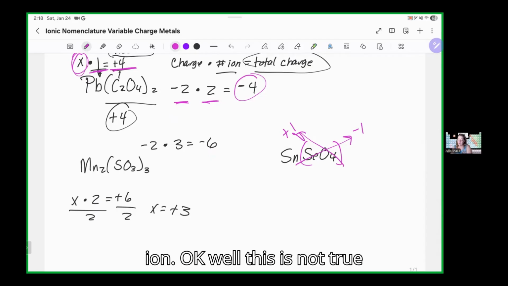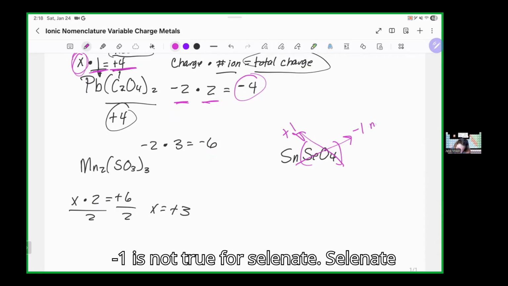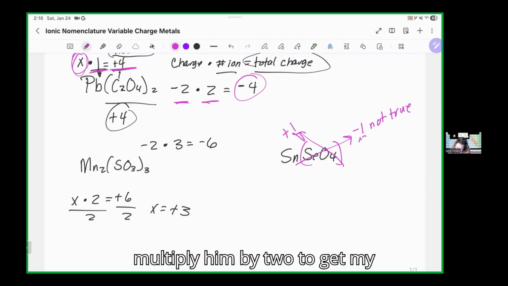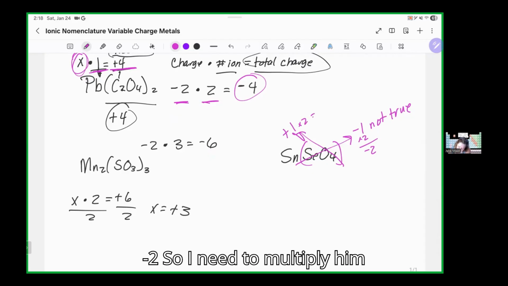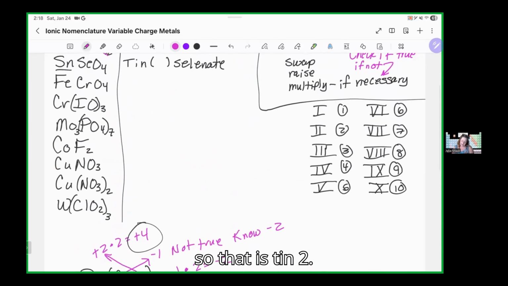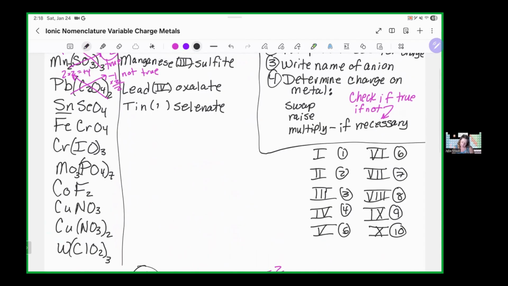Well, -1 is not true for selenate. Selenate is a -2, so I need to multiply it by 2 to get my -2. So I need to multiply the tin by 2 and get a +2. So that is Sn(2) selenate.